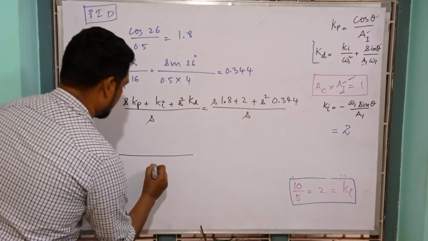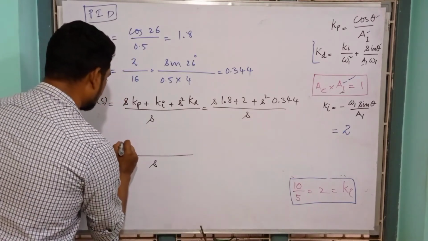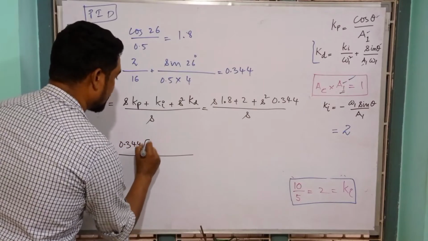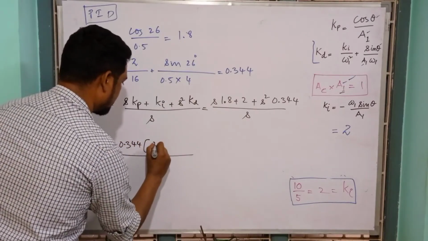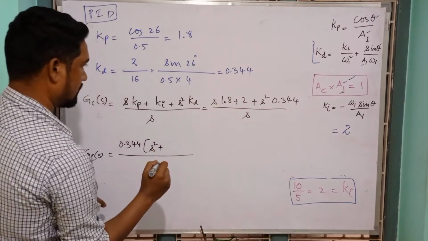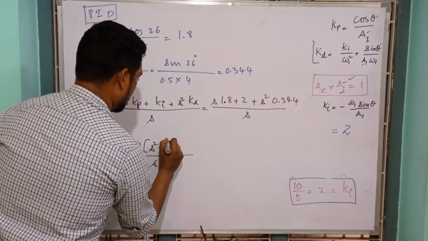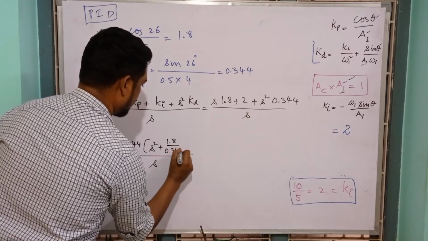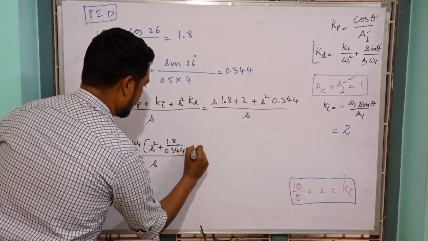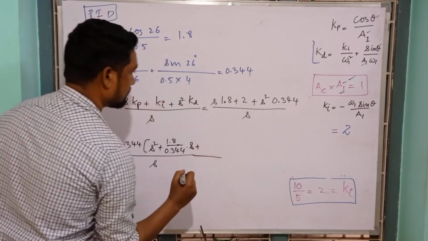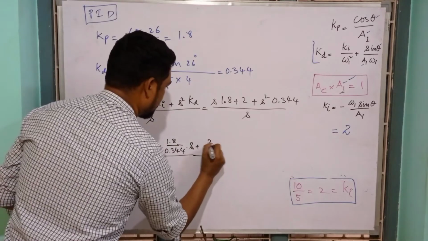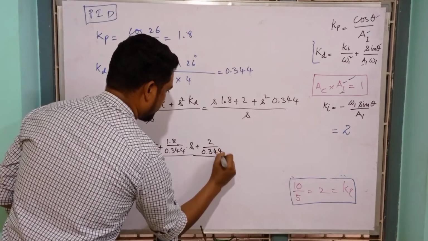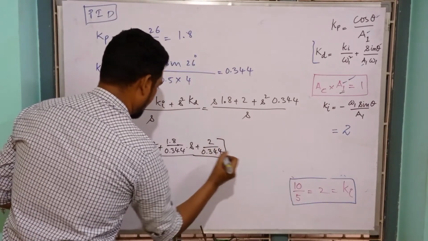Okay, S as it is, taking 0.344 as common from all the terms: S square plus 1.8 by 0.344 into S plus 2 by 0.344. Okay, so guys, this is the one.